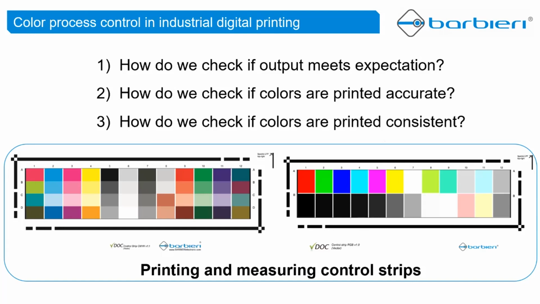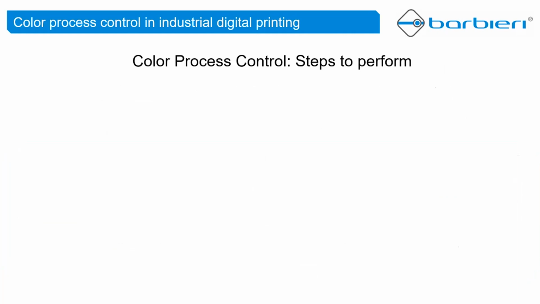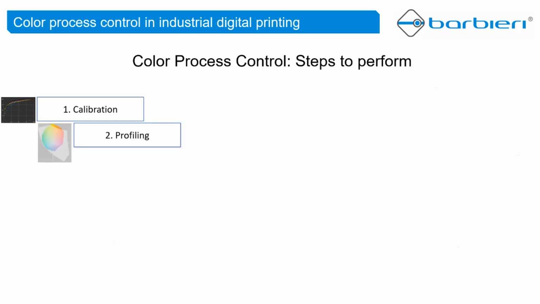We have here 2 examples from the Barbieri DOC solution, a CMYK and an RGB control strip. So what are the different steps to perform in order to obtain color process control? It all starts with the calibration of the printer or the linearization. Then we must profile the printer, set it up correctly, and then we can go to the step of the verification.